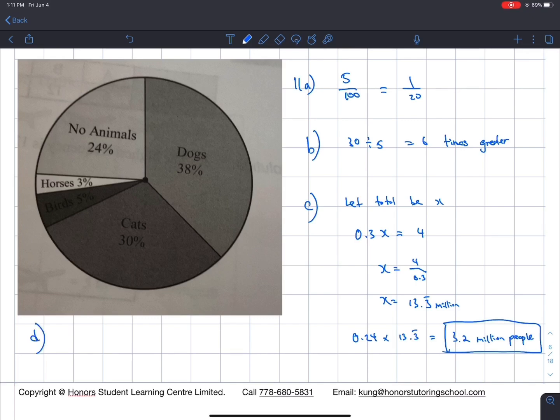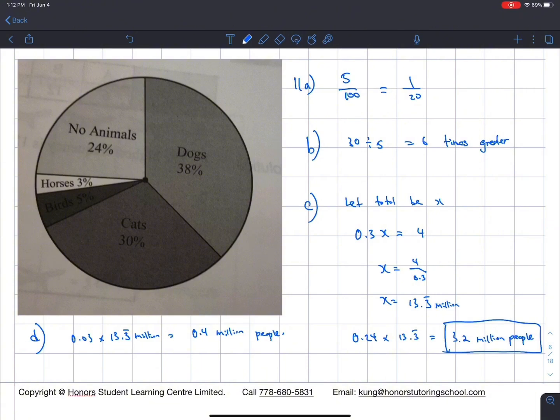The same idea: 3% of the people have horses, times the total amount of people, which is 13.3 repeating million. And we get 0.4. Okay, that's it for question 11.